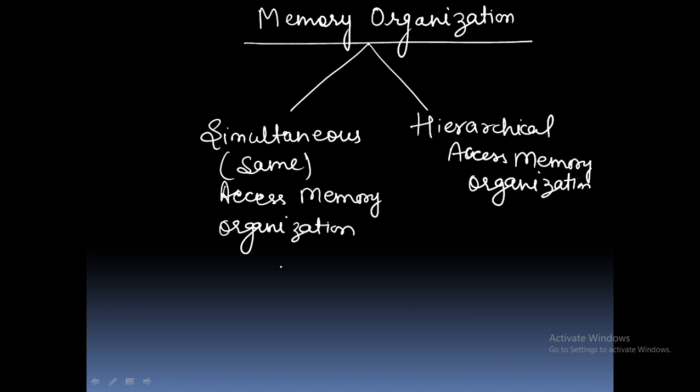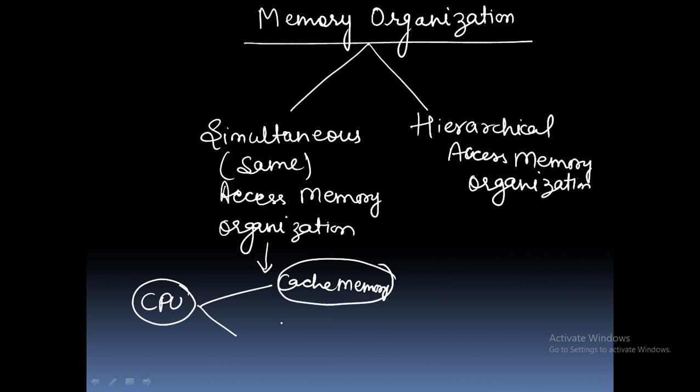In simultaneous, we have given an example. This is a CPU and it is connected to two memories. First is cache memory, second is main memory. This is a simultaneous access memory organization.